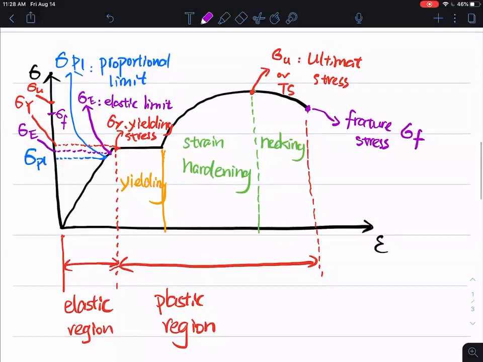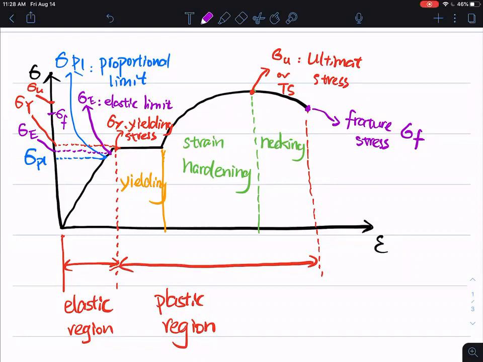All right. Another thing I want you to understand is that each curve represents the property of a single type of material. If you change to a different material, you're going to have a different curve.